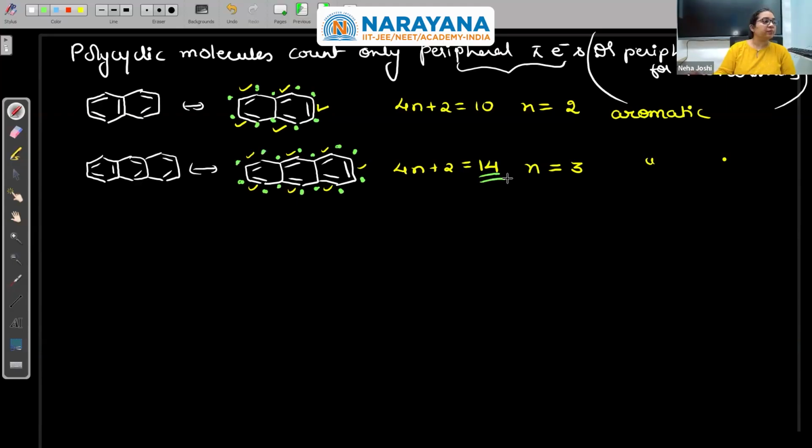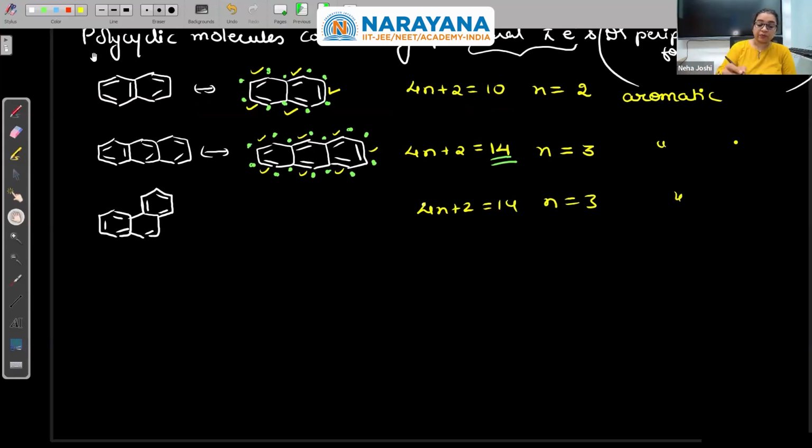So same thing. Okay. Moving further on the same point, you can solve this one and check the structure in which all bonds are on periphery. This one. For this, again, you will have 4n plus 2 equal to 14, N equal to 3, aromatic.